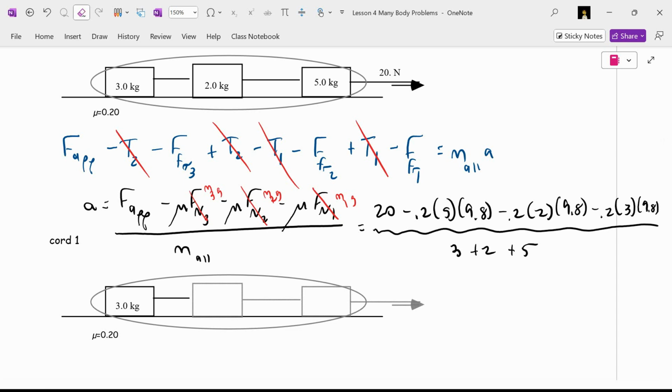Well, maybe. I can factor out a 9.8 and a 0.2, so maybe it's going to be a 10. It's going to be 19.6. It's going to be 4 on the top, divided by 10. Is it 0.4? Yeah. It's a fluke that it worked out to really nice numbers, but I'll take it.